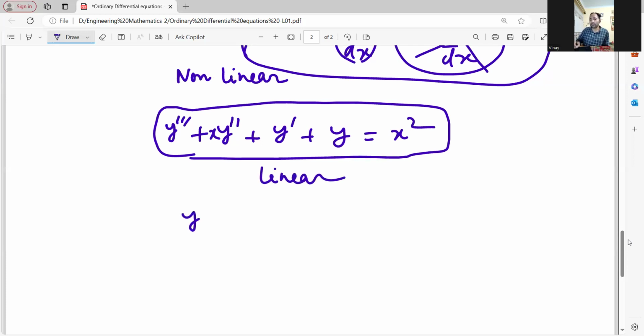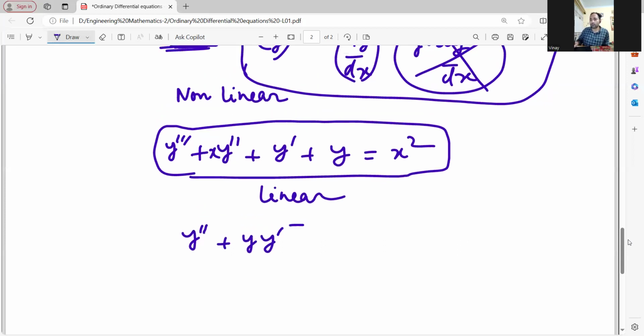But the minute you got this term, plus y is equal to x cube, then is this a linear differential equation or non-linear? It has a term where the dependent variable and its derivative are in multiplication. So this is non-linear.